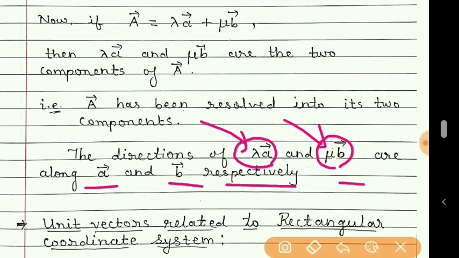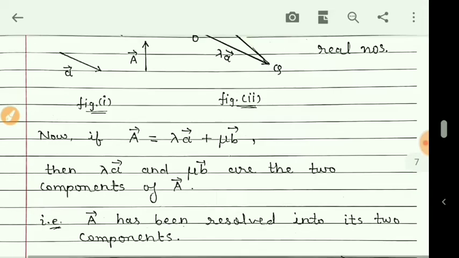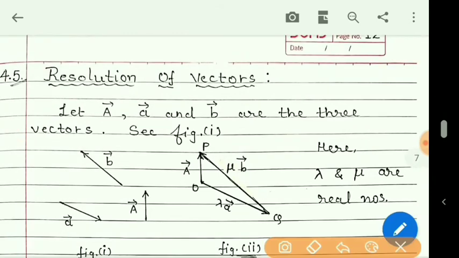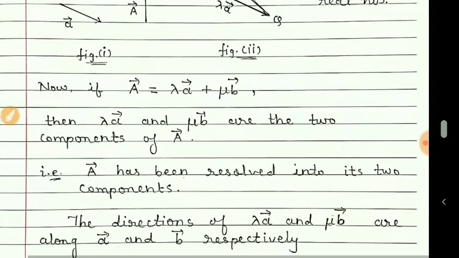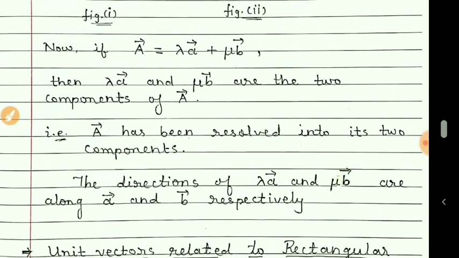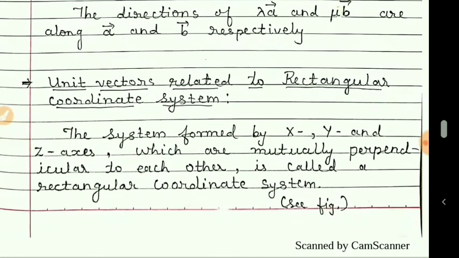Definitely if those real numbers are taken negative, then the direction will be opposite, that we have studied earlier. Students, this topic about resolution is not that important. So if you are not able to understand this, then it's okay, no matter. But now this is quite important.